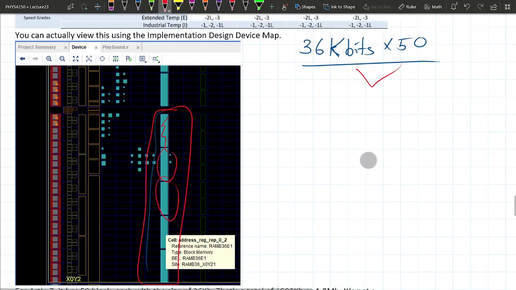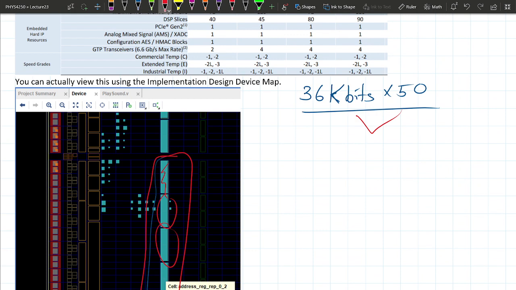The reason they are called block RAM is because they come in blocks. Each block RAM has 36,000 bits of information that can be held in it. It's called block RAM because if you use one bit of it, that entire block RAM is used up.